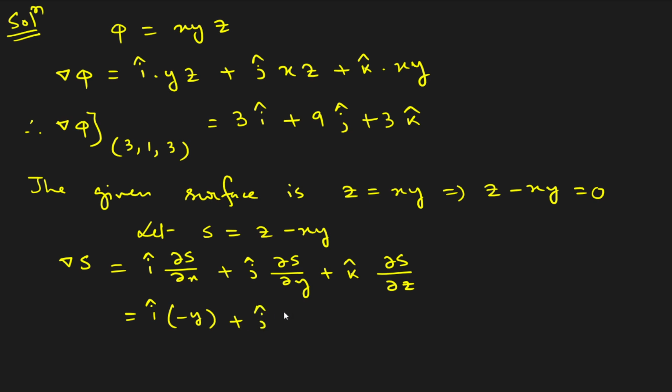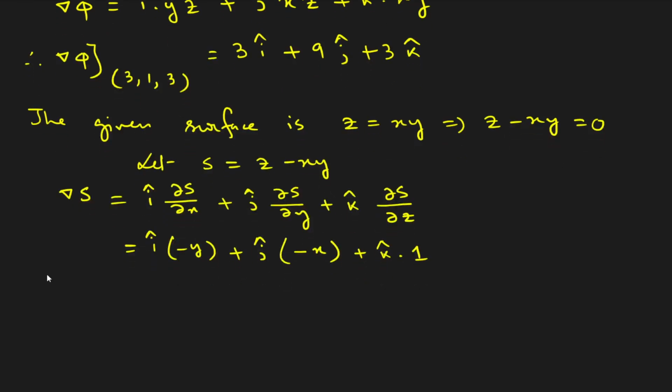J cap, with respect to y, you will get minus x. And then finally, if we differentiate with respect to z, it will be 1. Okay, so this is suppose A bar. So A bar is the gradient of S at which point? 3, 1 and then 3.